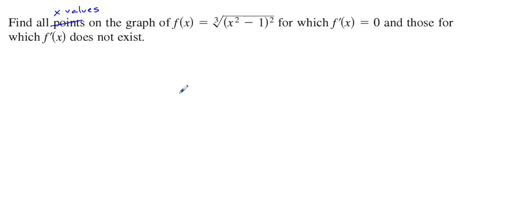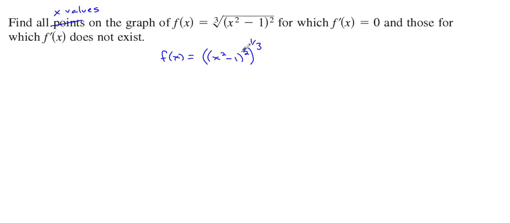Before we take the derivative, let's rewrite though. This is going to be x squared minus 1 squared to the, what, 1/3 power? Now we have an outer function 1/3, an inner function squared, and then an inner function of x squared minus 1.